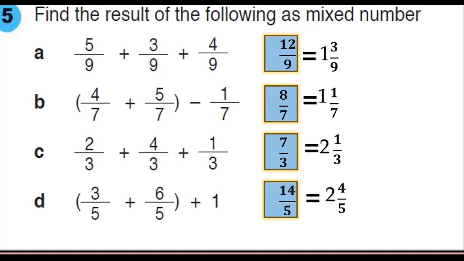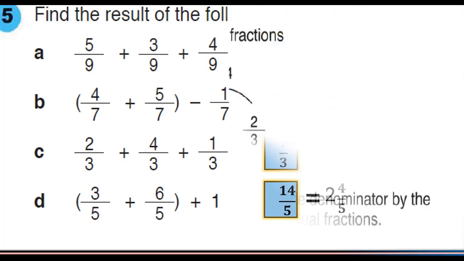Or we can divide 14 by 5 from table 5. 2 times 5 equals 10, and the rest is 4. So write 2 and 4 over the denominator 5.